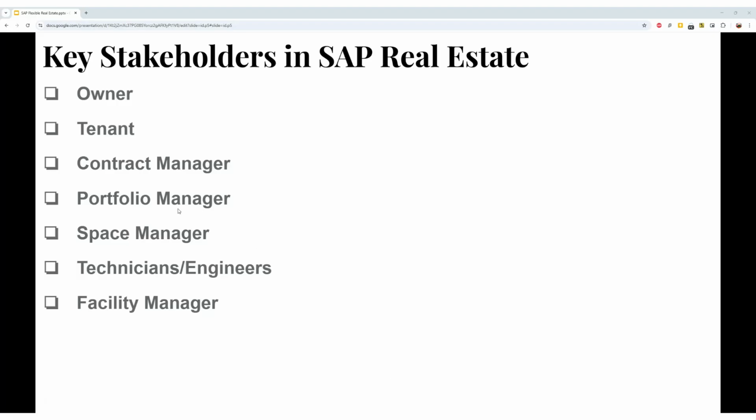Next is the portfolio manager. The role of a portfolio manager involves supervising an entire real estate portfolio, and the key challenge for a portfolio manager is to add value by optimizing the space.